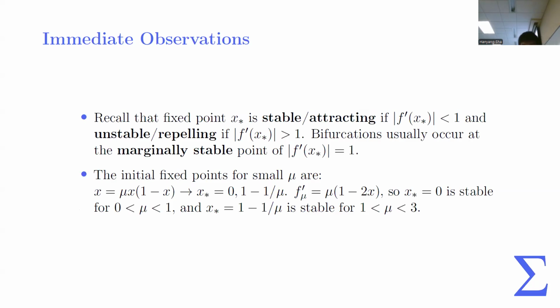So let's recall that a fixed point x is stable, or attracting. First of all, x is a fixed point if mu x is equal to x. Very simple. A fixed point is stable if the absolute value of the derivative at this point is less than 1, and unstable if it's greater than 1.